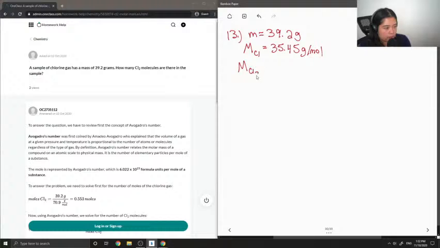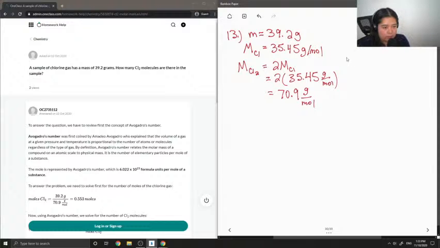So the molar mass of chlorine gas is simply 2 times this value, since there are 2 atoms of chlorine. So 2 times 35.45 gives us a molar mass of 70.9 grams per mole.